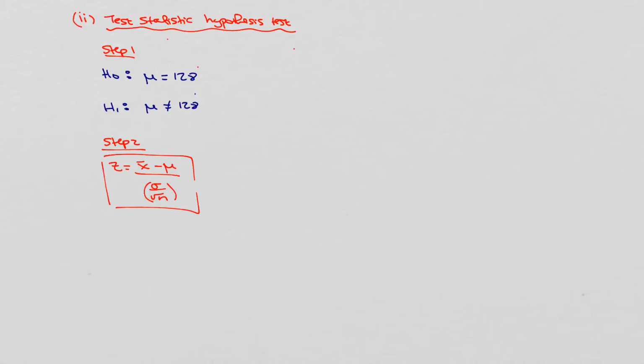And if we sub in our values, then we have our sample mean is 130, our mean is 128, our standard deviation is 15, and our sample size is 72.